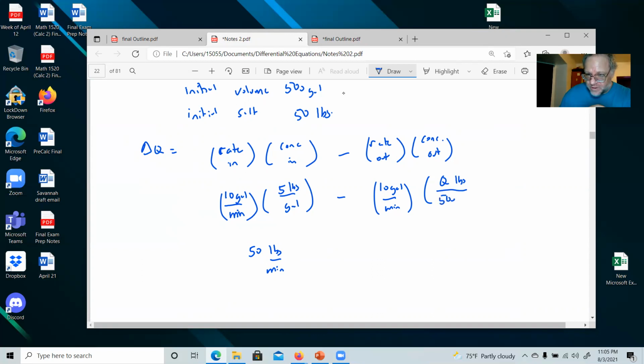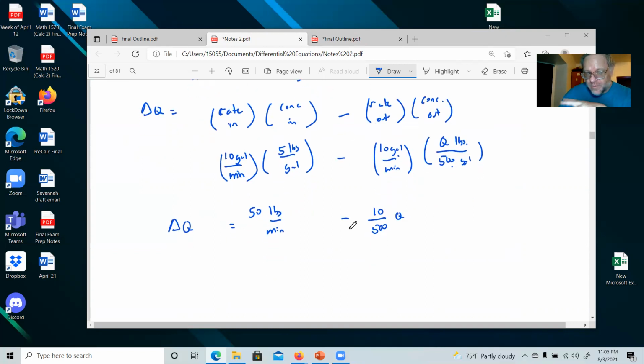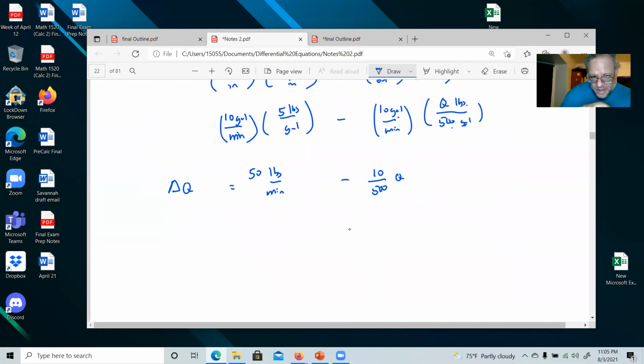We still get to cancel our gallons, and we end up with minus 10 over 500 Q, still in pounds per minute. And this is equal to my delta Q. Now, when we take our limit, we're going to have Q prime equals 50 minus 1 over 50 Q.